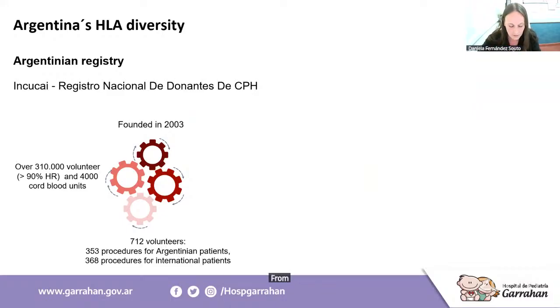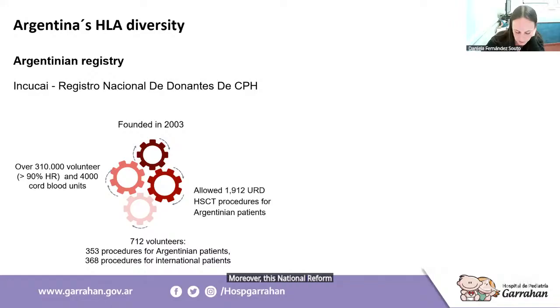From this registry, 712 donors have already participated in donation procedures for both Argentinian and international patients. Moreover, this national effort has made possible 1,912 unrelated donor hematopoietic stem cell transplantations for patients across Argentina.